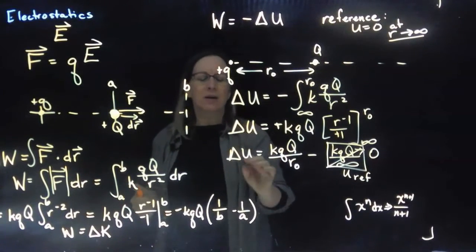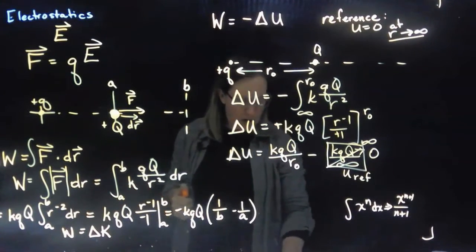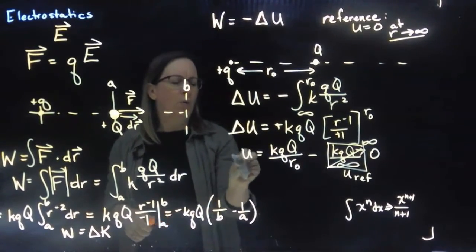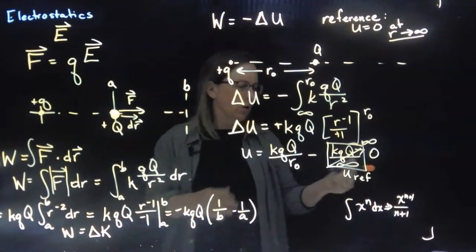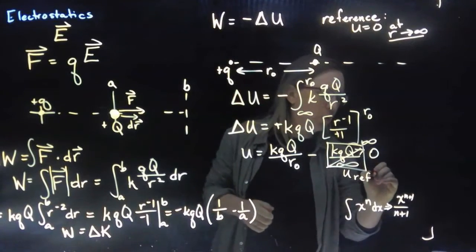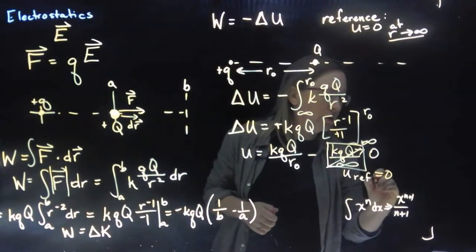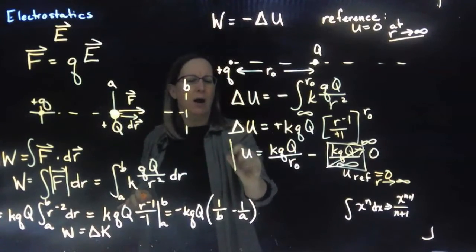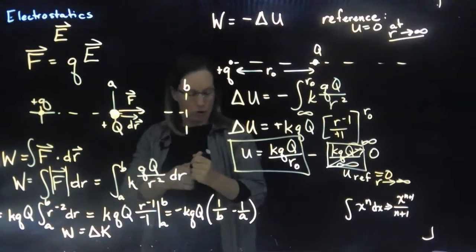So this sets us up for our description of potential energy, where our reference point is equal to 0 as r goes to infinity. And that's typically how we write our potential energy.